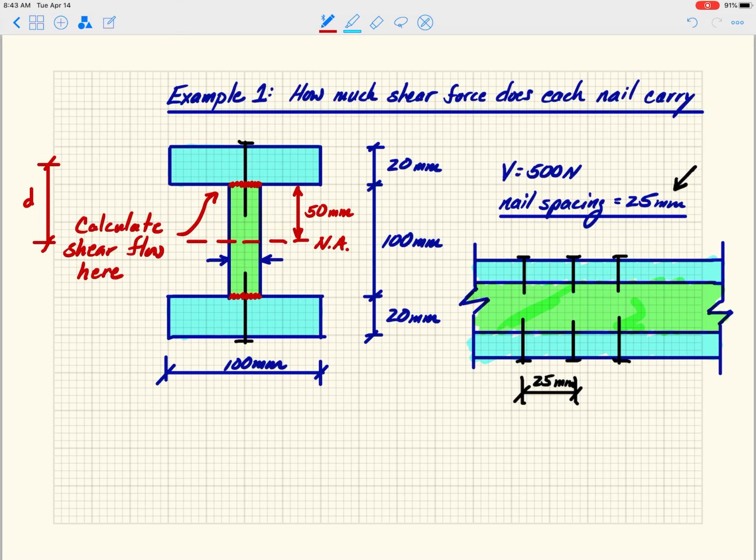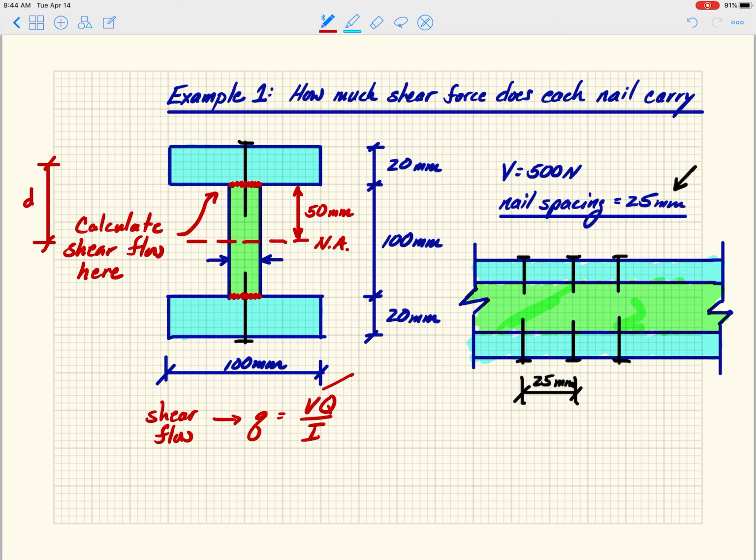Let me start by writing the expression here. So this is q, that is shear flow, equals VQ over I. This is shear flow, and that is force per length.